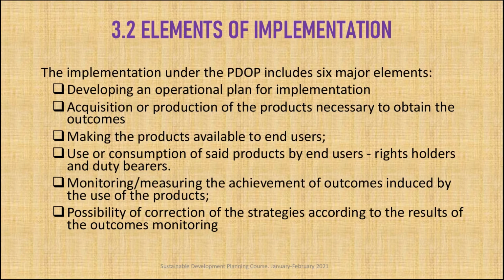So we need to monitor to make sure that the outcomes induced by the use of the product are really obtained. And the last element is to check, depending on the previous elements, whether it's necessary to make some corrections to the strategies according to what we have noticed during the monitoring and the measurement of the achievement of the outcome.